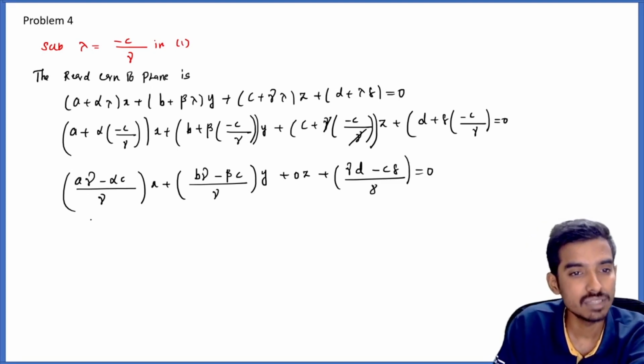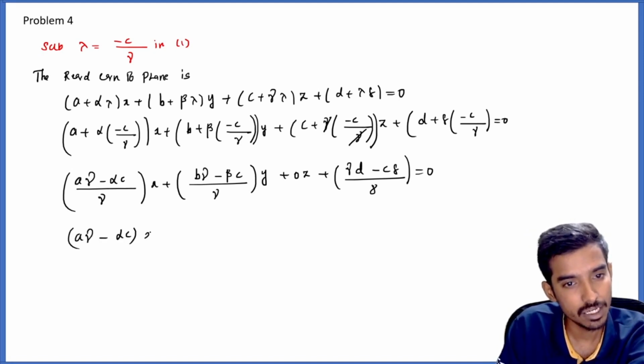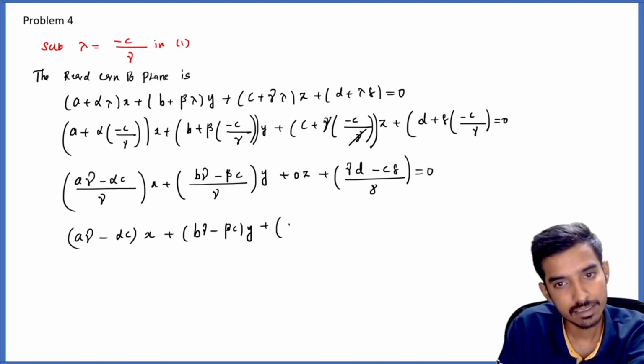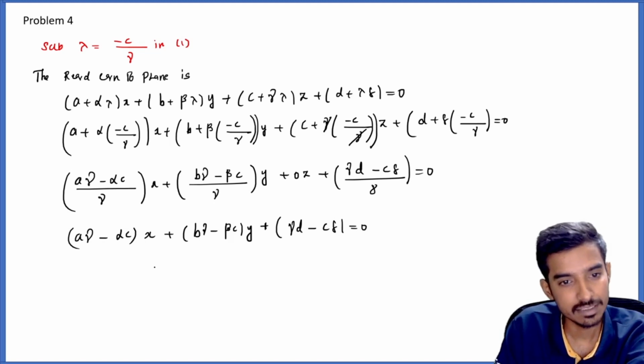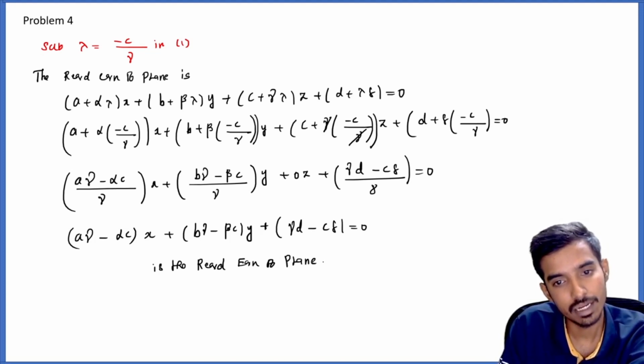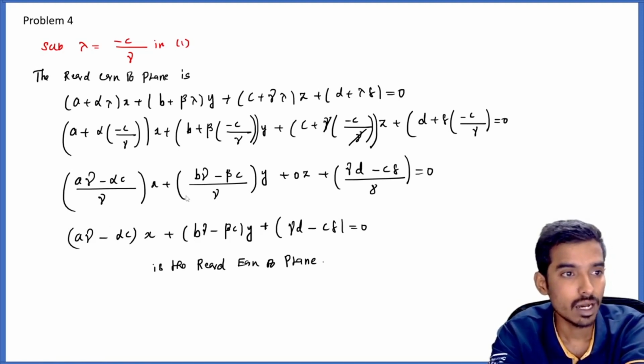So take this gamma outside. You will have a gamma minus alpha c into x plus b gamma minus beta c into y plus gamma d minus c delta is equal to 0, which is the required equation of plane, such that this plane is passing through the line of intersection of these two planes.